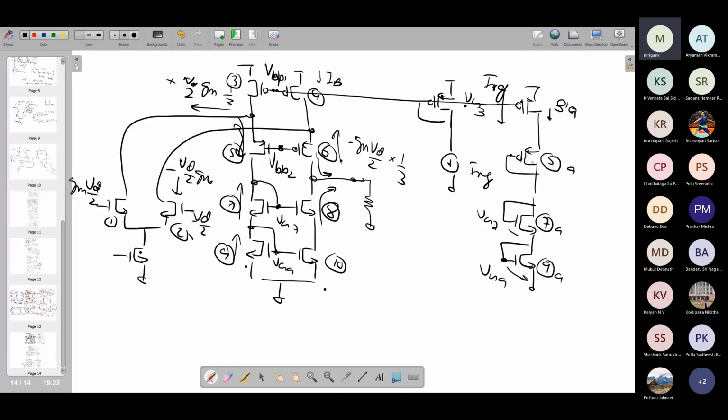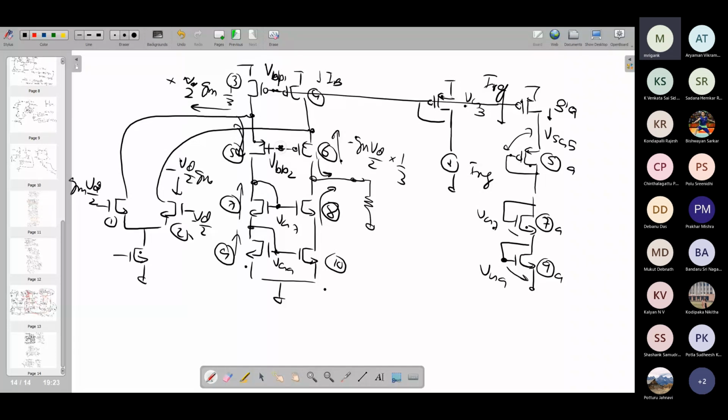Because these are PMOS and NMOS, there is no problem if you have the same voltage at the gate of these two, and it is generating the appropriate bias level with the required VSG drop for transistor number 5. So this VSG drop will be appropriate for biasing M5.